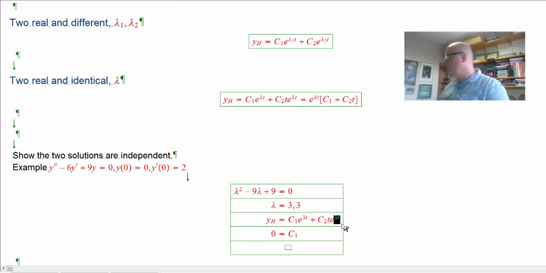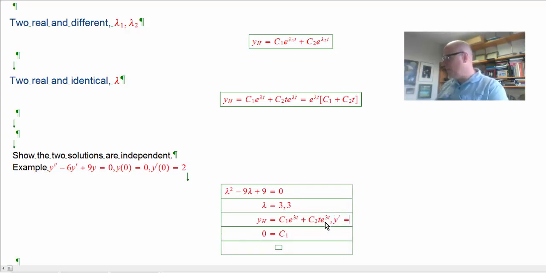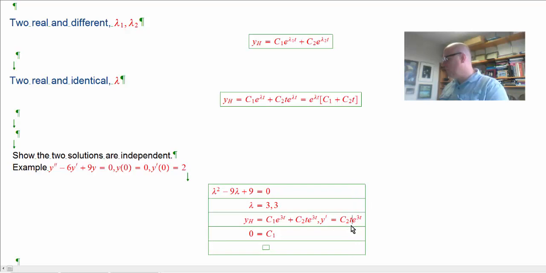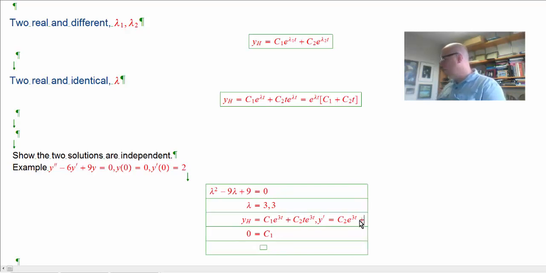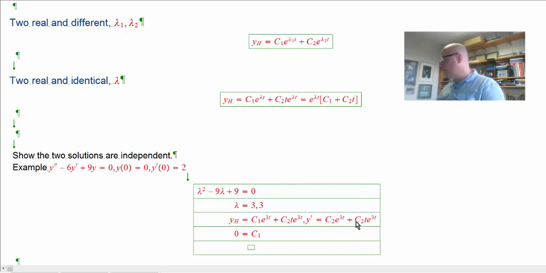The second condition, I need the derivative of this. So I need to differentiate this piece. So that's going to be y prime is equal to, I'm not going to bother writing this down or differentiating it. I already know that that piece is equal to 0. So let's just differentiate this second piece. So derivative of the first, leave the second alone, plus leave the first alone times the derivative of the second. The 3 comes down.